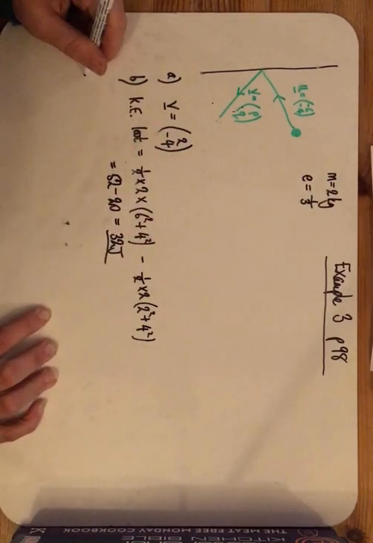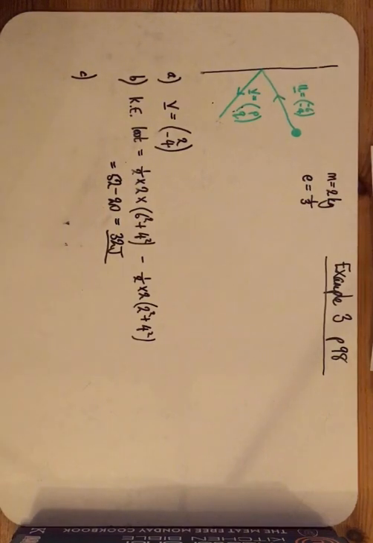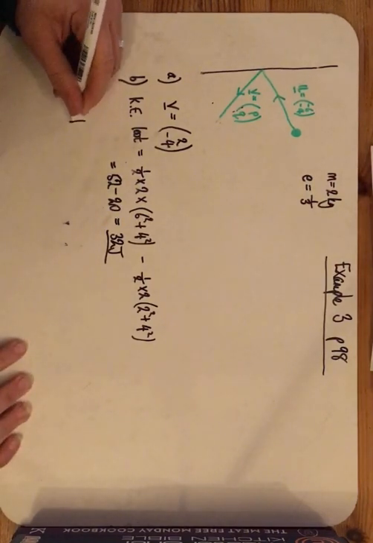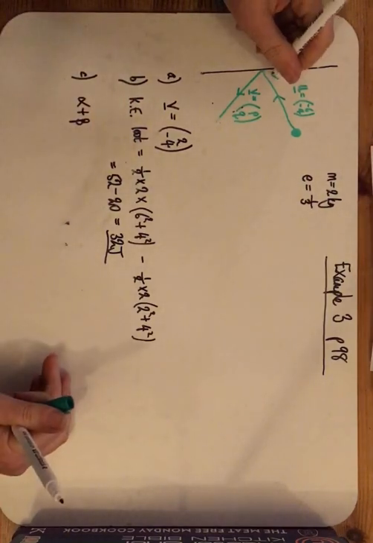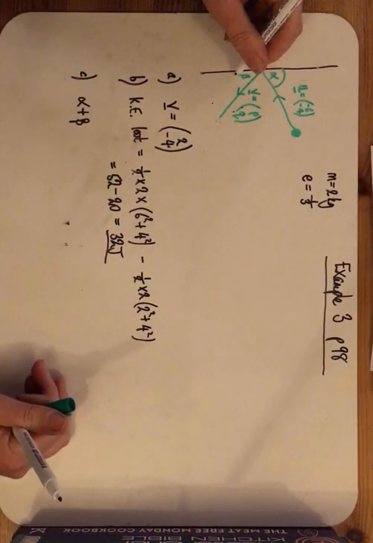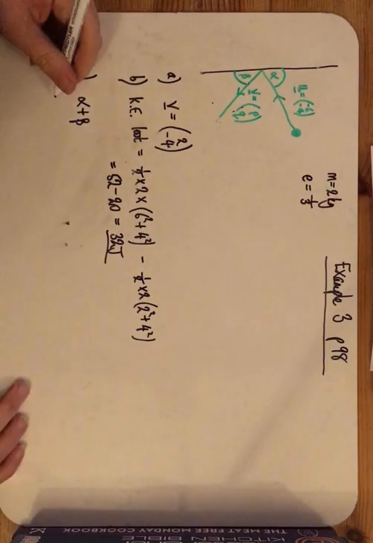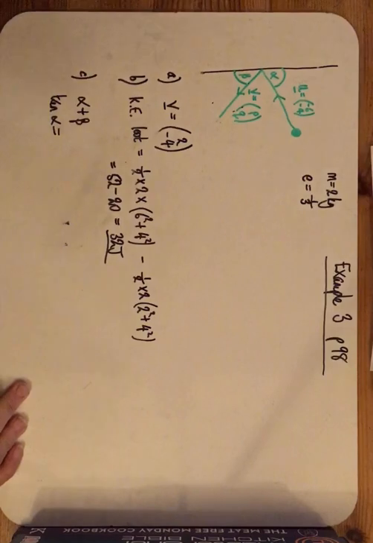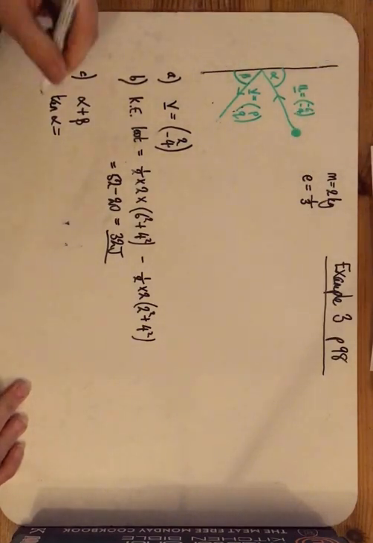And then part C is the angle of deflection of the ball, which, if you remember, is alpha plus beta, where alpha is this one and beta is this one. And so that's just a little bit of trig. So tan alpha is equal to opposite over adjacent, so 6/4.